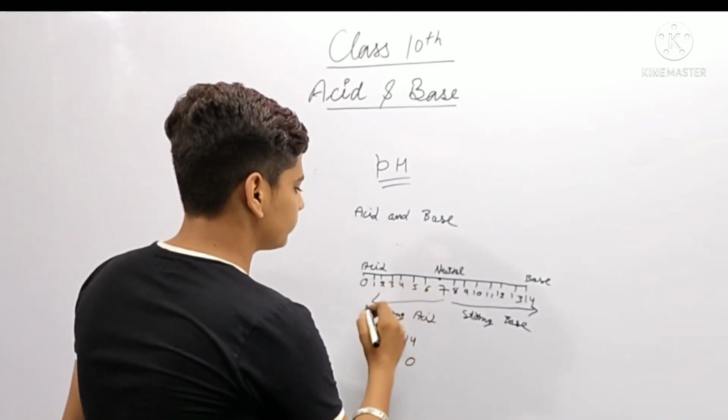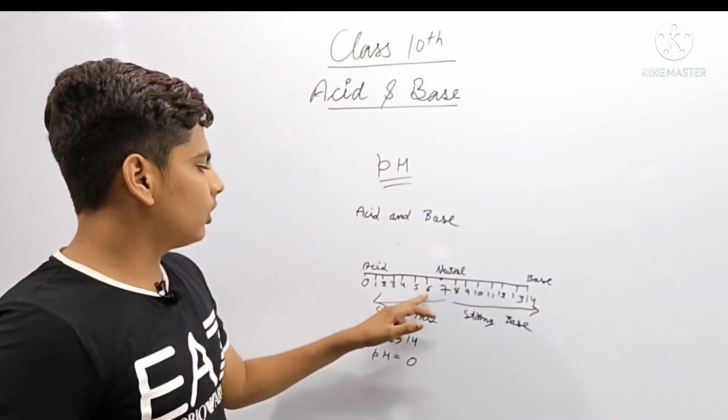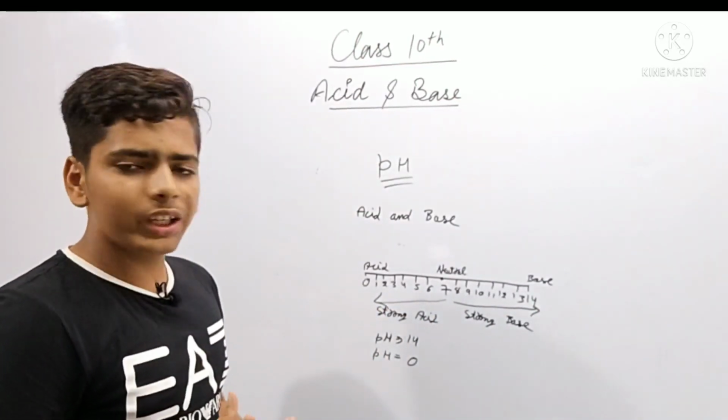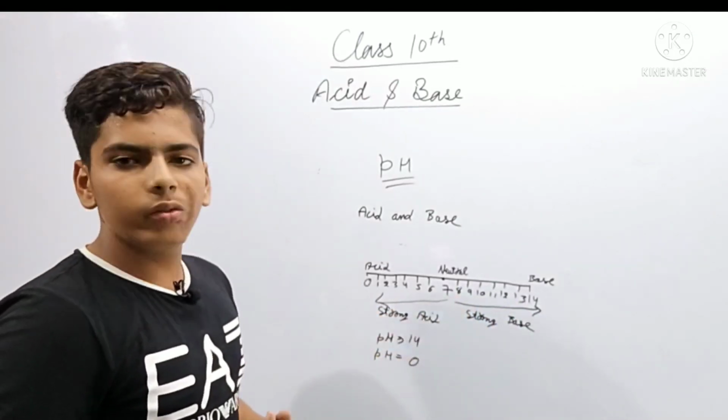And mids, like 6 is the weakest acid, and in base, 8 is the weakest base.